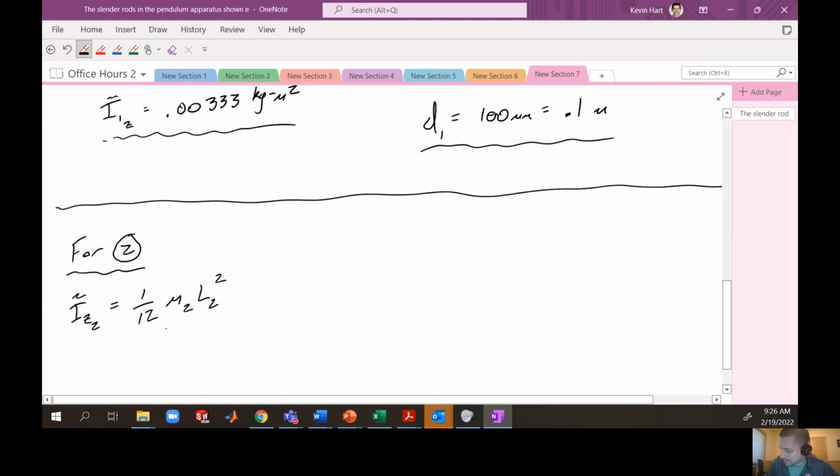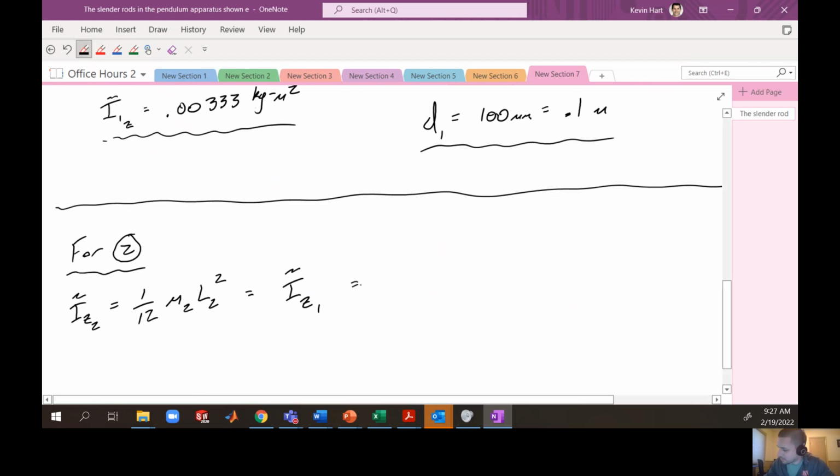Since this object has the same length as the first, it's going to have the same mass as the first. And since its length is the same, this ends up being the same mass moment of inertia as the first slender member, that is that vertical slender member.